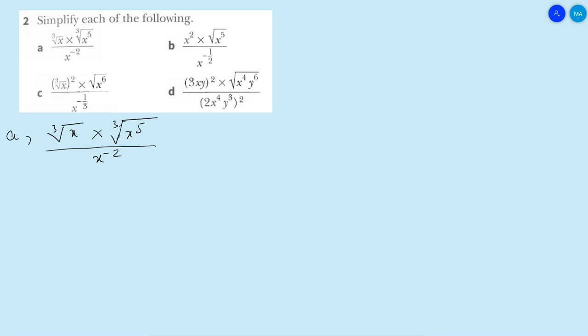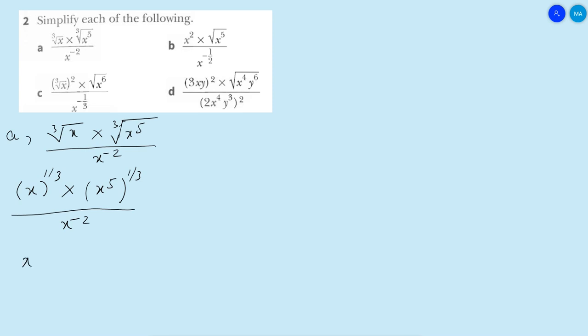Very easy. First we have to write this cube root in terms of x to the power 1 upon 3. Then we have to write this x5 and this cube root in terms of 1 upon 3, upon x to the power minus 2.